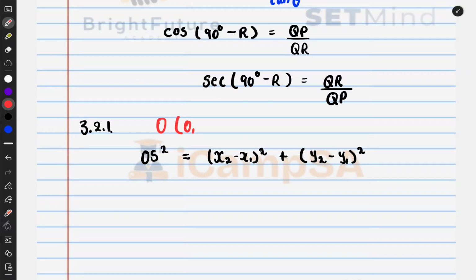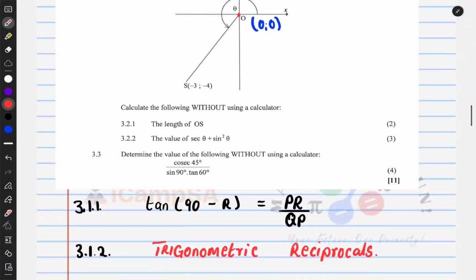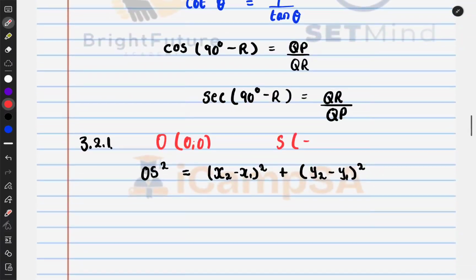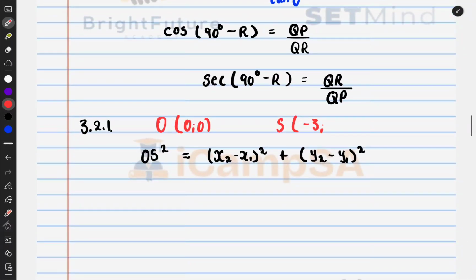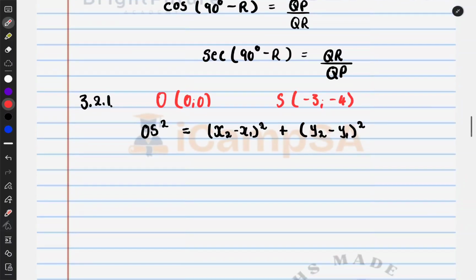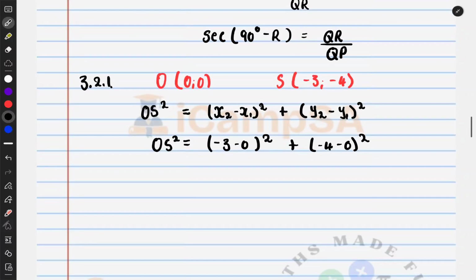We have the coordinates of O, which are 0 and 0, and the coordinates of S, which are negative 3 and negative 4. Let's plug in our values: negative 3 minus 0 squared plus negative 4 minus 0 squared. This will give us the length of OS.